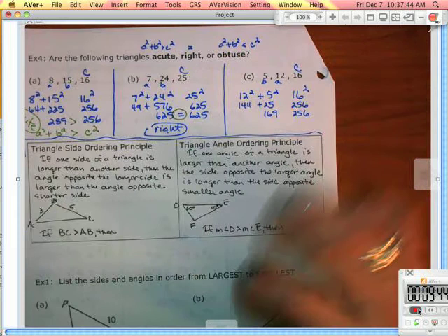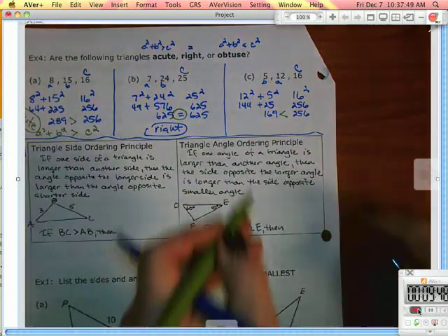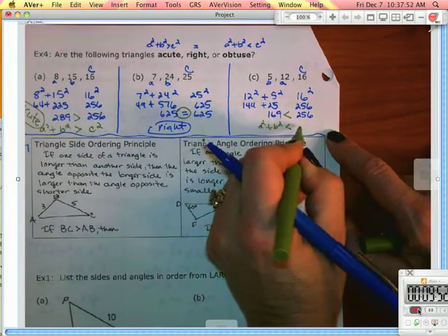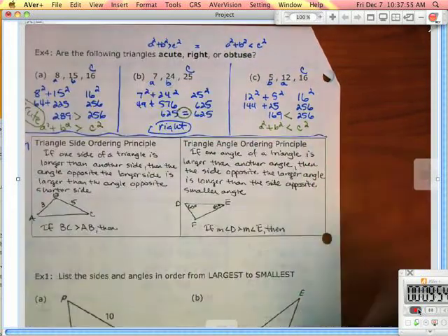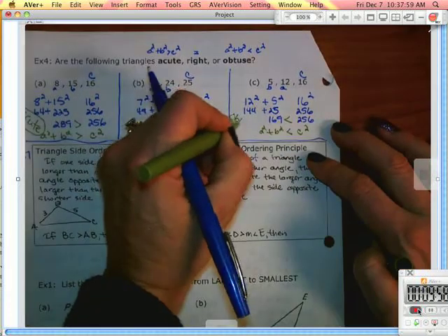Okay, so this side is less than. So this is what I have. A squared plus b squared is less than c squared, which tells me it's a what? Obtuse.